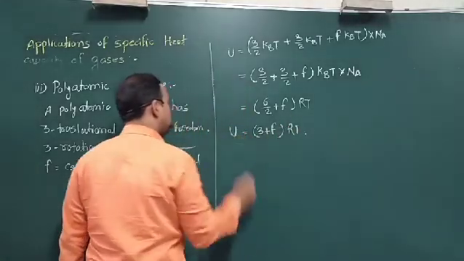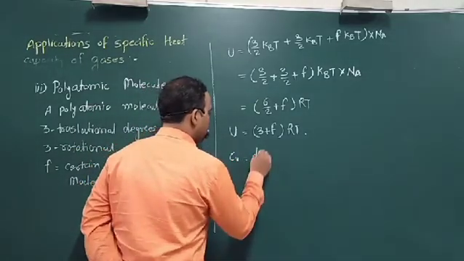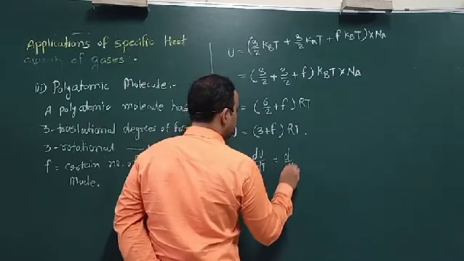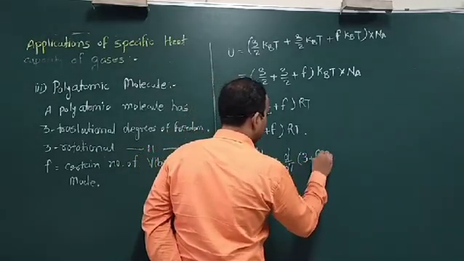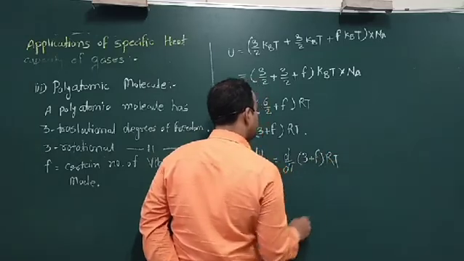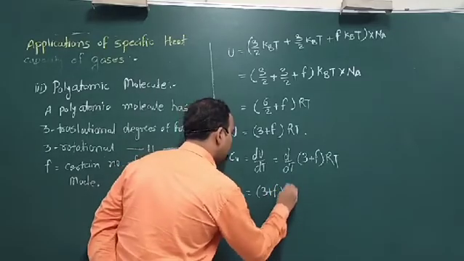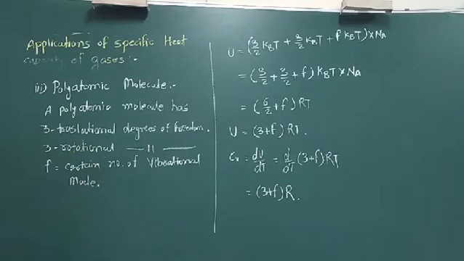This is the total energy. So Cv is equal to dU by dT, which is d by dT of 3 plus F into RT. So we get 3 plus F into R. This is the molar specific heat at constant volume.